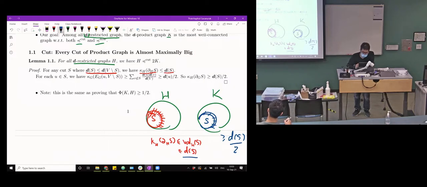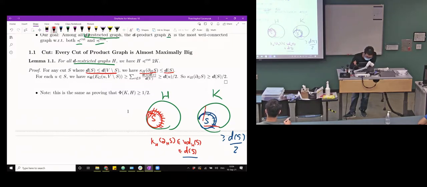But how do you compute that? We just count all edges crossing K. It's kind of like a complete graph, but let's just compute it.